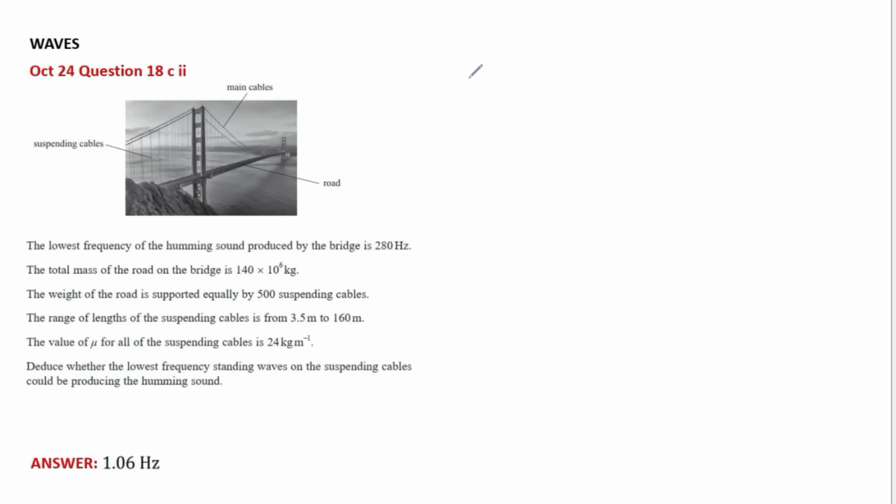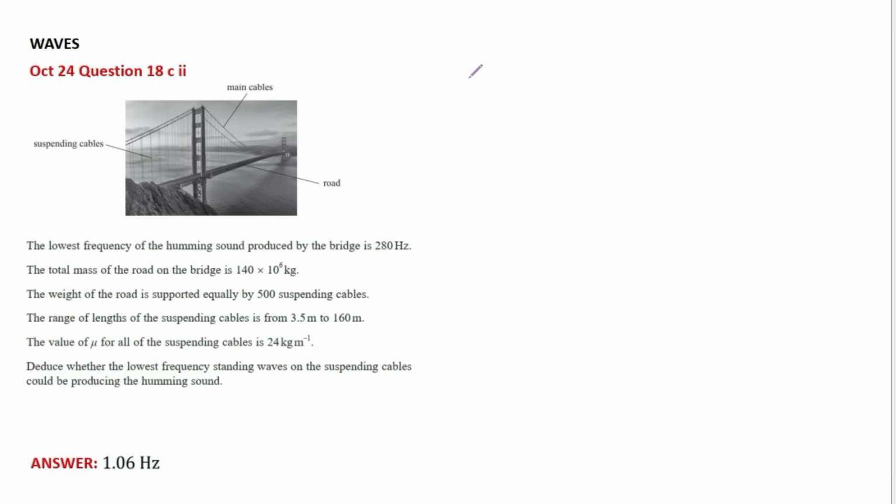This question is from October 24, question 18 C2. The lowest frequency of humming sound produced by the bridge is 280 Hertz. Fine. The total mass of the rod on the bridge is 140 times 10 to the power 6.